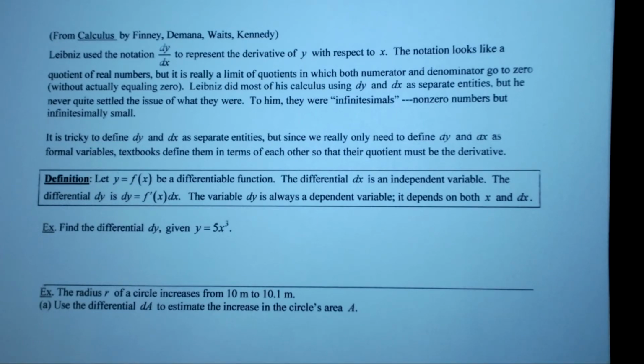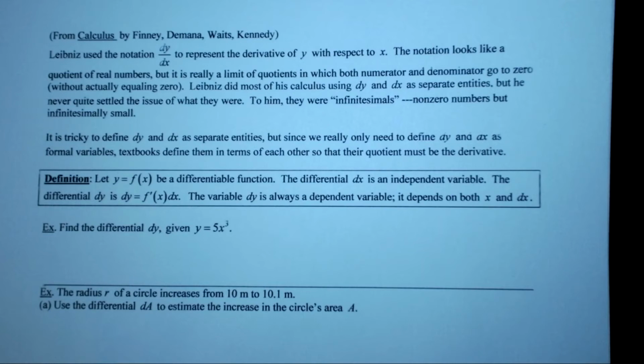It says it is tricky to define dy and dx as separate entities, but since we really only need to define dy and dx as formal variables, textbooks define them in terms of each other so that their quotient must be the derivative. So this is why we see them as dy dx whenever we take a derivative.